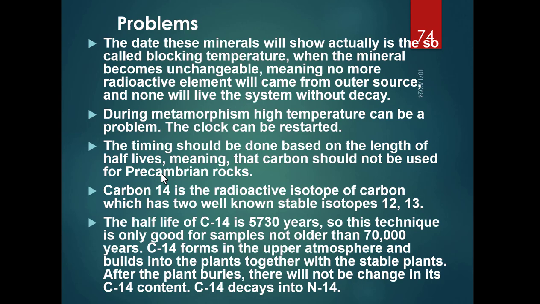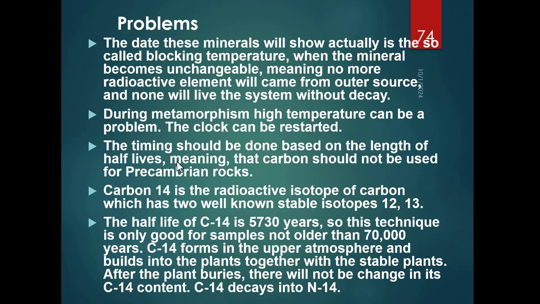Sometimes when you have a metamorphism afterwards, pretty high temperature can be a problem. Elements most likely are in K feldspar or zircon, those last minerals which are crystallizing. So sometimes the metamorphism can have a temperature which might melt those out. In that case, the clock can be restarted, which means you're not measuring the original age of the granite, but you're going to measure the time of the metamorphism.